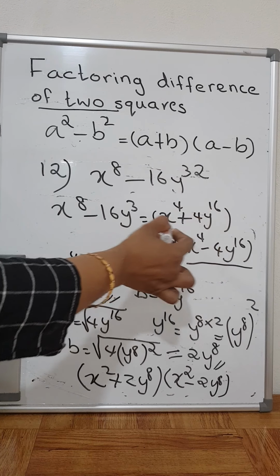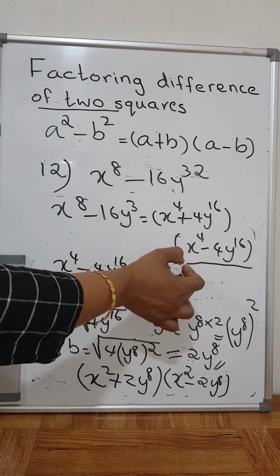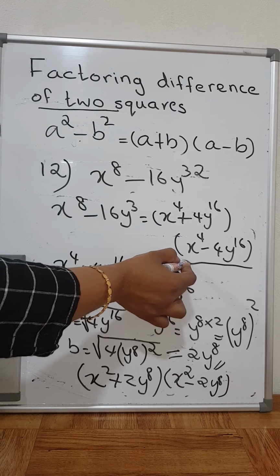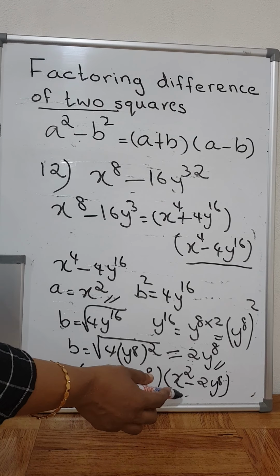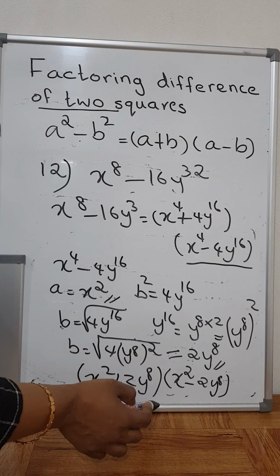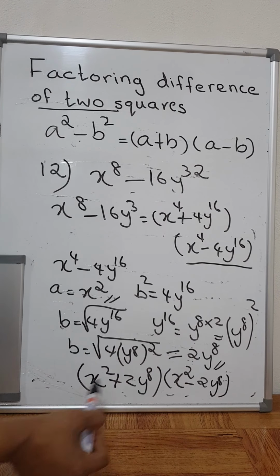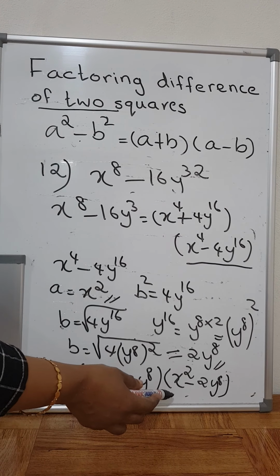This part we cannot simplify further because that is a sum of two squares. This part is a difference of two squares, so we have simplified it further, and we have now completely simplified. This one, you see, is not a difference of two perfect squares. x square is a perfect square, but 2y to the power 8 is not a perfect square because 2 is not a perfect square, so we cannot further simplify it.